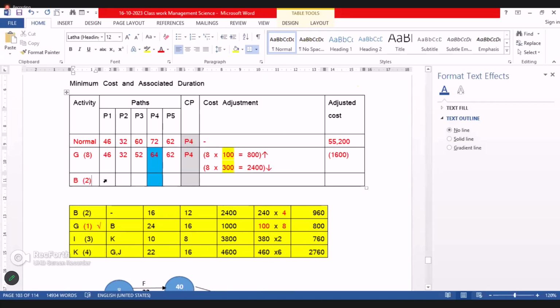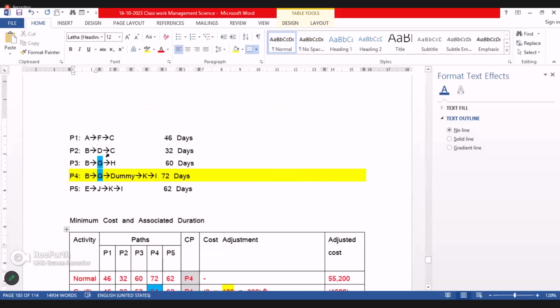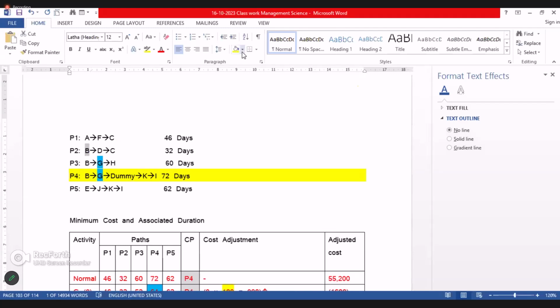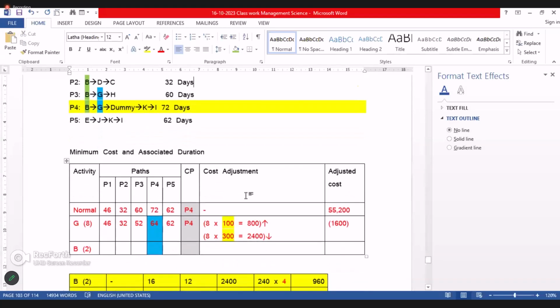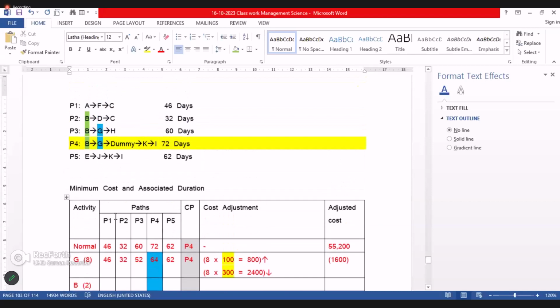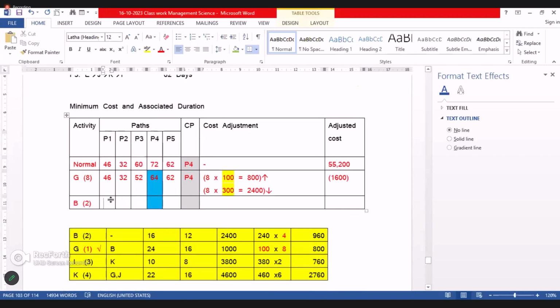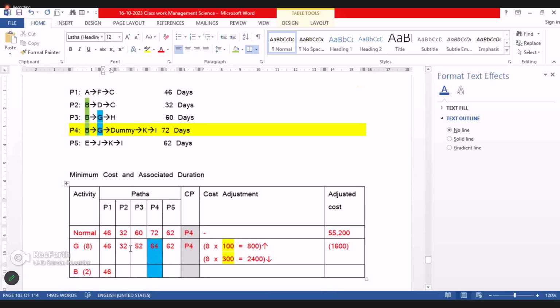Now you see B is here, in all 3 parts: P2, P3, P4. So P1, no problem, 46. P2 now becomes 30.